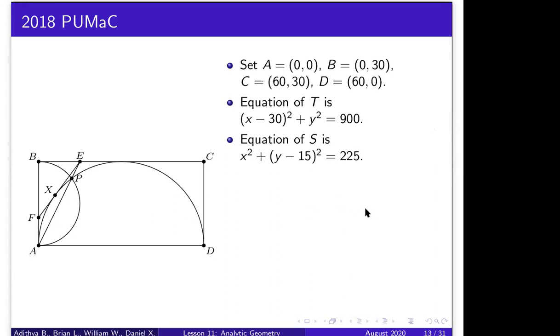And so notice that when we subtract these two equations, the x squared and y squared terms cancel, and so do the constant terms. So we end up with 60x minus 30y equals 0, or y equals 2x.